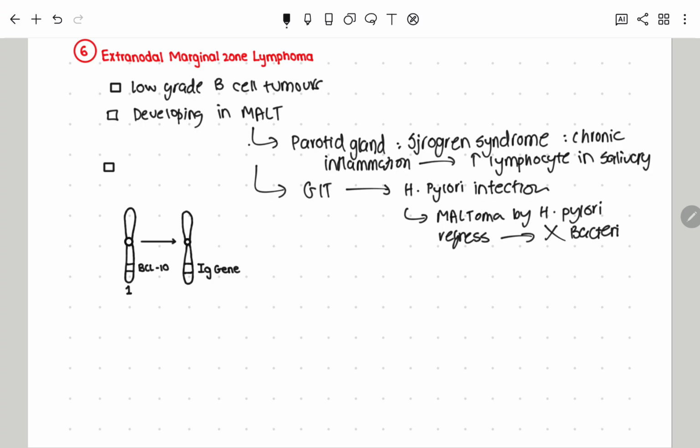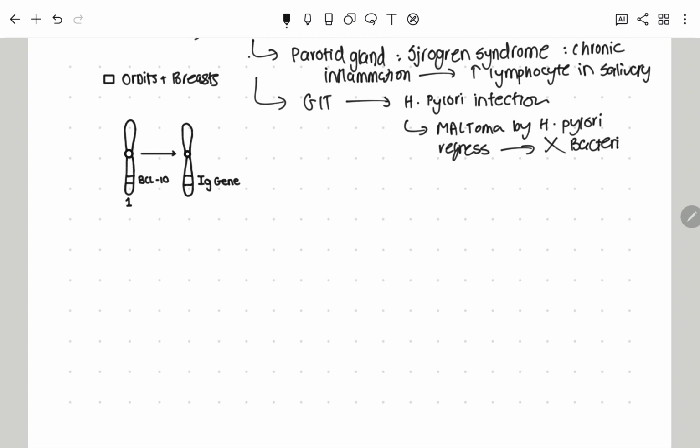Another important thing that you really need to know is that extranodal marginal zone lymphomas can also develop in non-mucosal sites, and these would normally be the orbits and the breasts. No real need to talk about anything else.